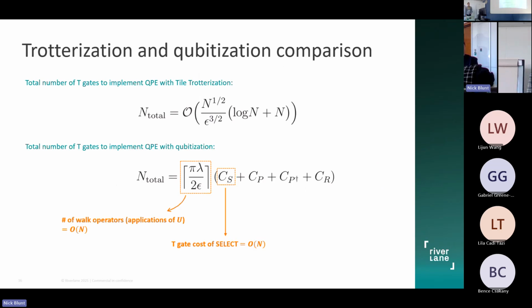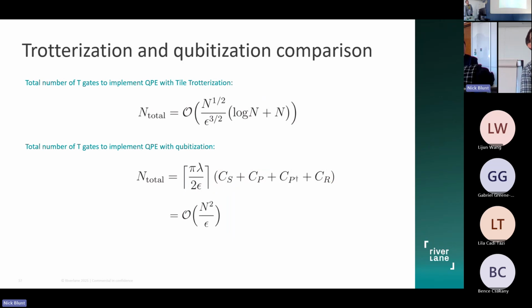So as I was saying, this is order n, and these terms are order log n. So overall, we get this scaling. So this has worse scaling in the system size n, but it has better scaling in the target precision epsilon. And so this is what we call Heisenberg limited scaling. If you want to estimate the energy with some quantum algorithm, this is the best that any method can do. The runtime goes as 1 over epsilon.